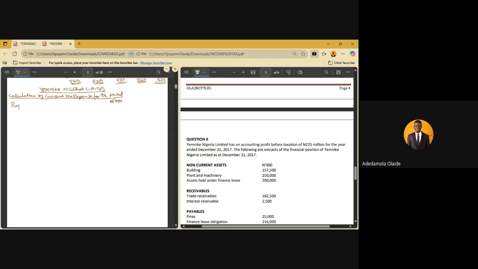Profit before tax. For those of us that are taxation savvy, this will not really give us issue.